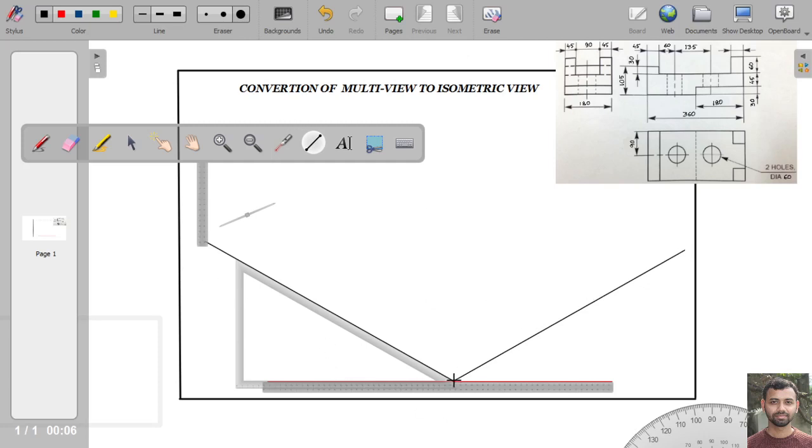So we will draw the z-axis. And this z-axis will also be perpendicular to the horizontal line. So let these three be our isometric axis.